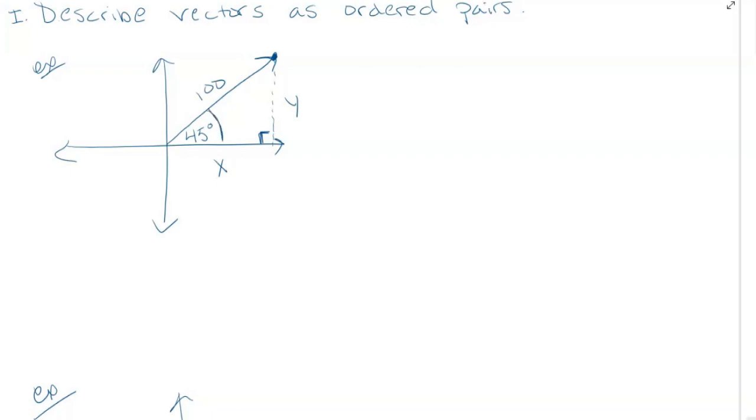So again, in reference to our measured angle here at 45 degrees, I have the adjacent side and the opposite side that I'm solving for, and the hypotenuse is what is given. So I'm going to use the cosine of 45 to solve for x, because that's my adjacent over my hypotenuse. And then I'm going to use the sine of 45 to solve for my y, which is the opposite over the hypotenuse.